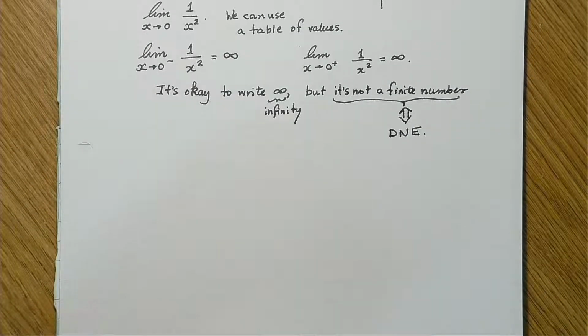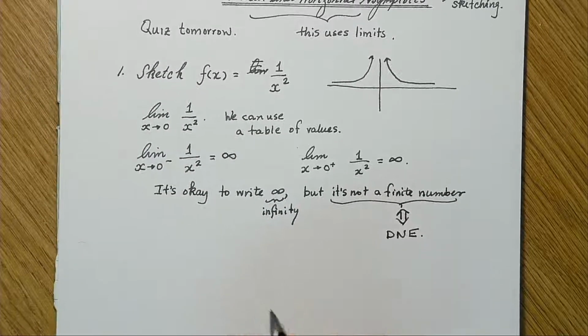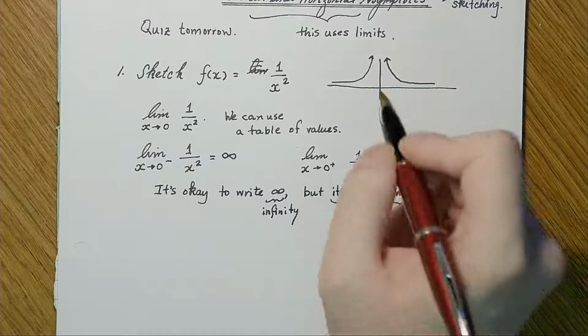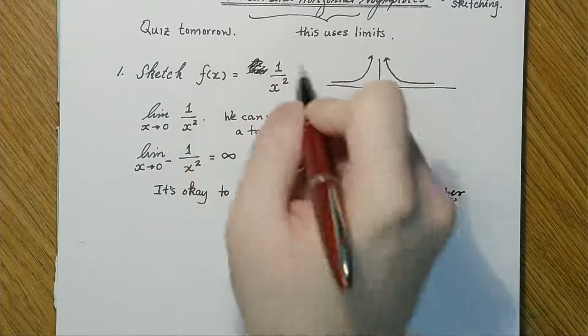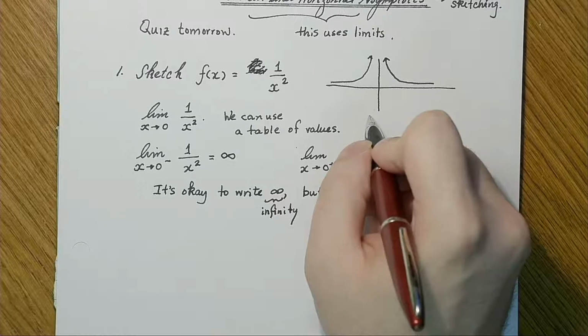Now, we've seen, okay, so why is this so important for us? We have this function, 1 over x squared, and we see that it's going off to infinity at around x equals 0.